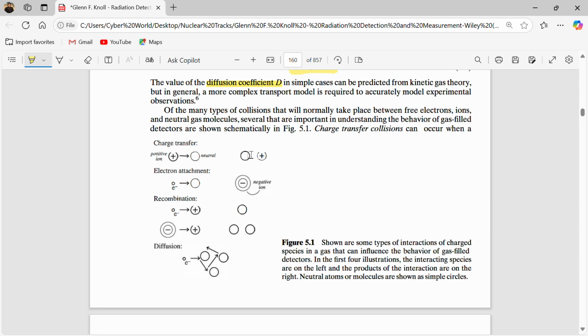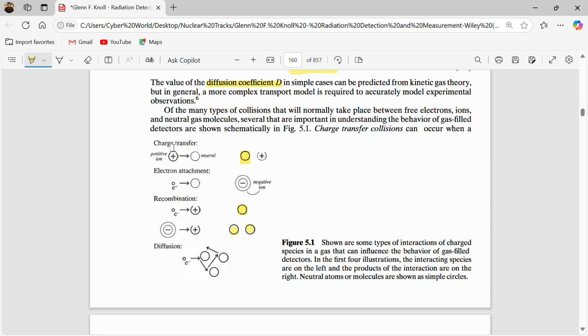Neutral atoms or molecules are shown as simple circles, meaning no charge.